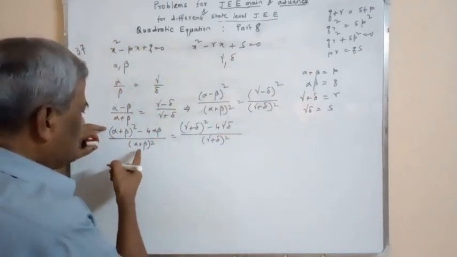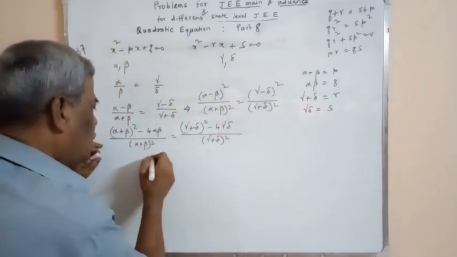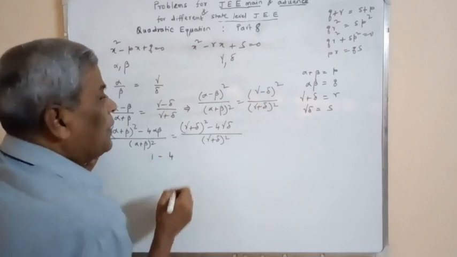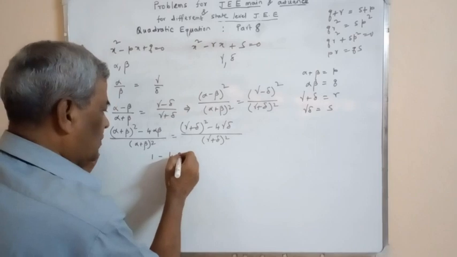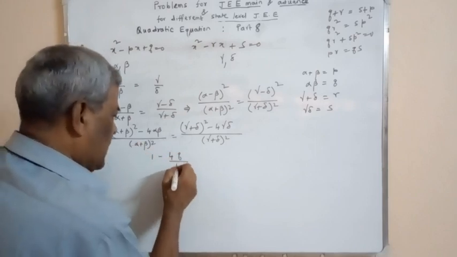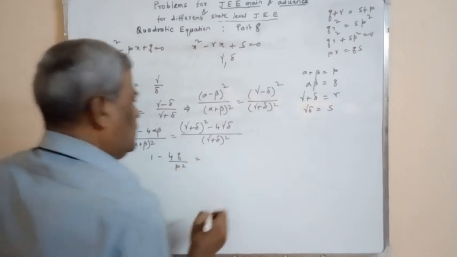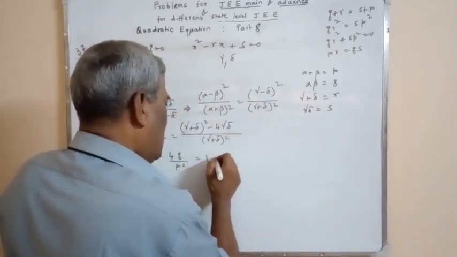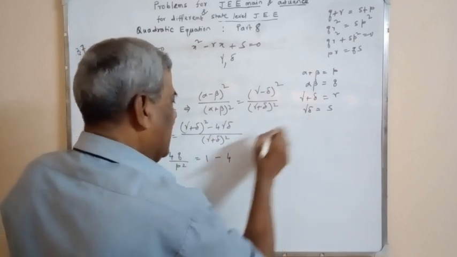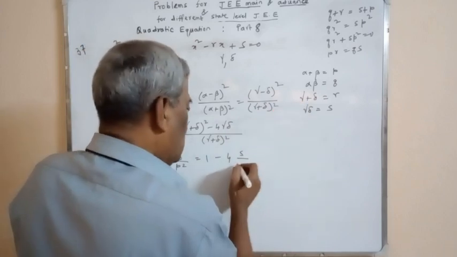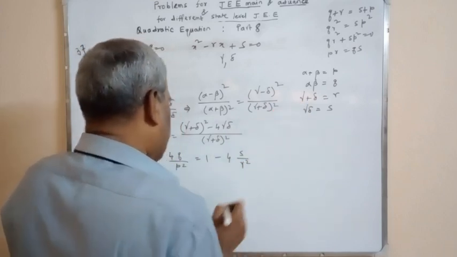Now this by that is 1. So 1 minus 4 alpha beta, which is q, by alpha plus beta whole square, which is p square, is equal to, this by that again 1, so 1 minus 4 gamma delta, which is s, divided by gamma plus delta whole square, r square.